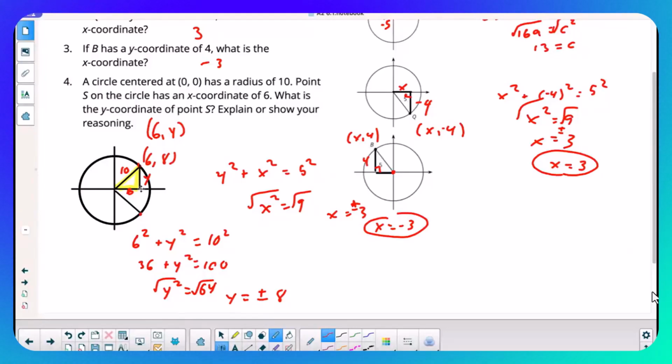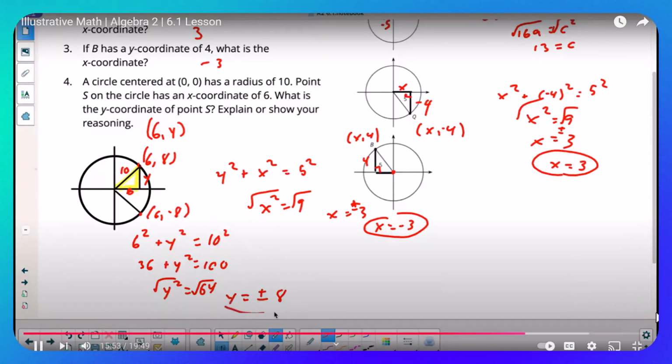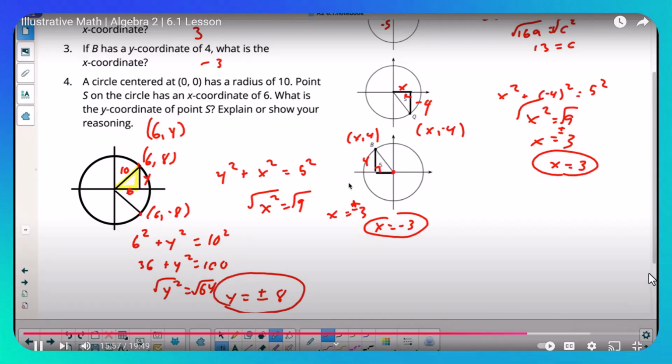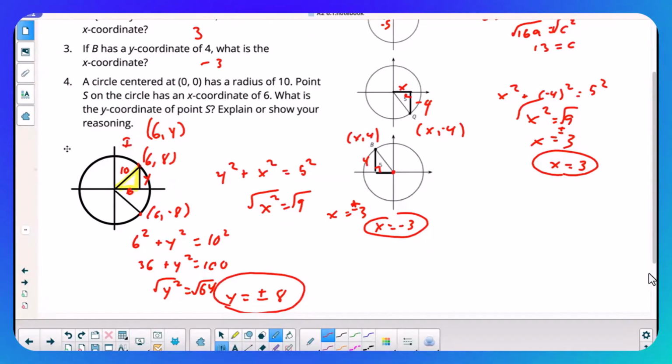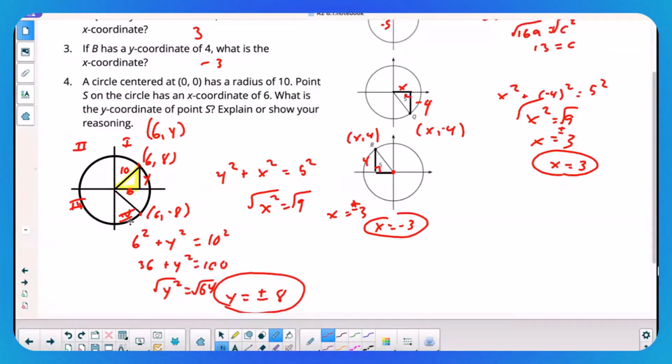And then this point down here, if I drew the same triangle, this would give me 6, negative 8 down there. So you have 2 answers there. It could be 8 or negative 8 in that case. Now, if they told you which quadrant it's in, like if they said it's in quadrant 1, or it's in quadrant 4, they always use Roman numerals for quadrants, then you could figure out which sign it was. Quadrant 4 would be negative 8. Quadrant 1 would be positive 8.